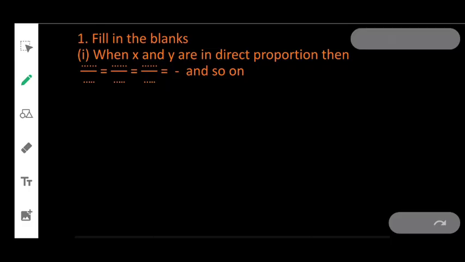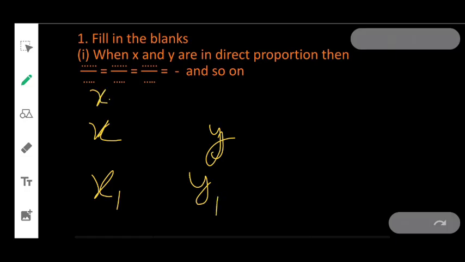So remember students, in direct variation, if there are two variables x and y, if you increase the first variable, that is x1, then the other variable will also increase, as you all know, because this is direct variation. If we decrease the variable, let's say x2, and this is y2.